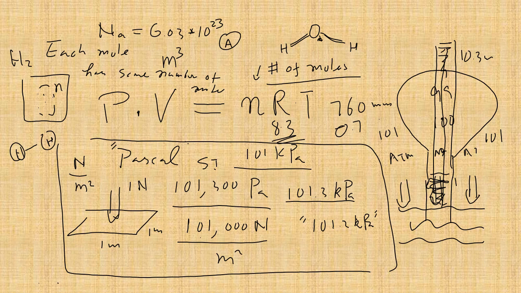If you think about 1 meter squared, it is about 101 times 10^3 newtons per square meter. So on this square meter, all that air is on top of us, and we have this much force on 1 square meter. How heavy is it?